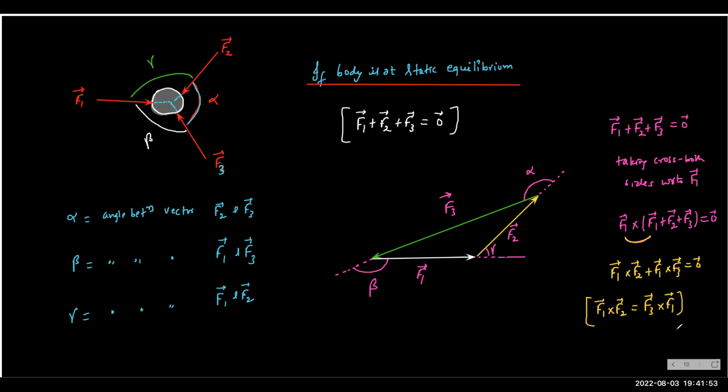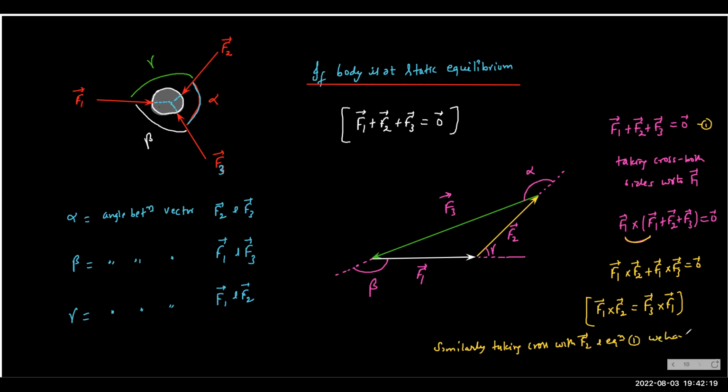Now I took the cross with F1 to get this answer. If you take a cross with F2, you get another answer. So similarly, taking cross with F2 in equation 1.